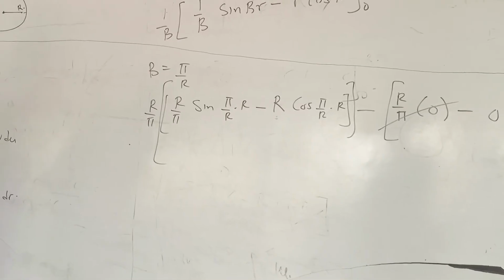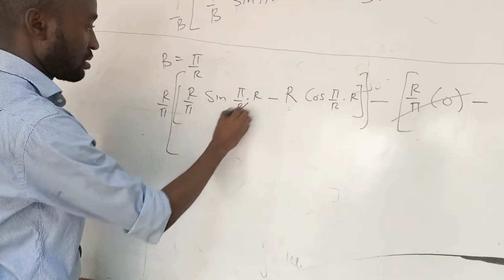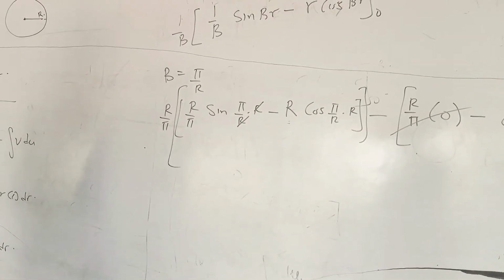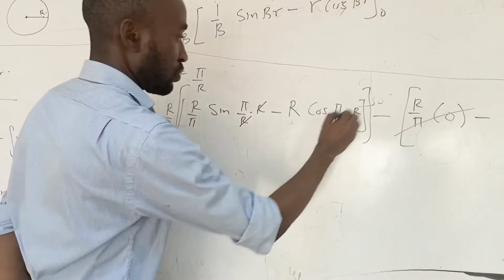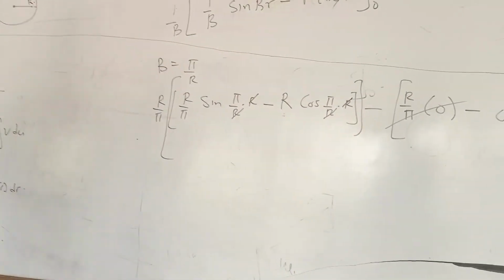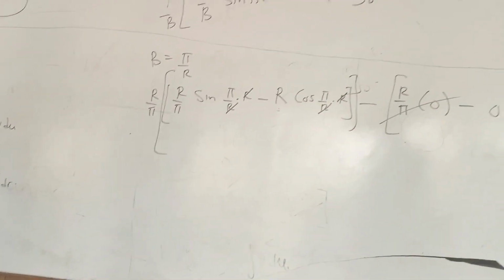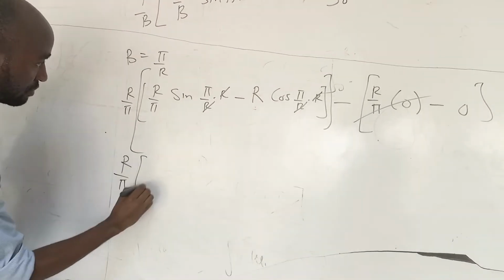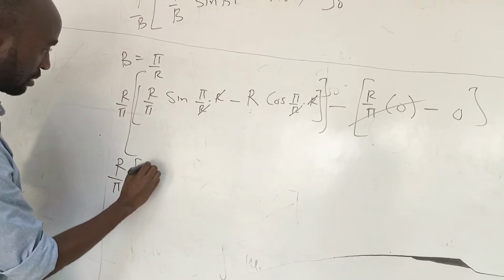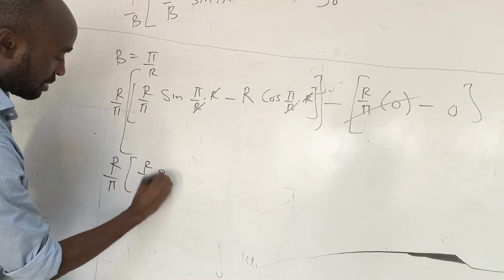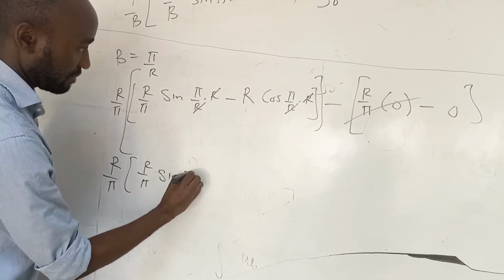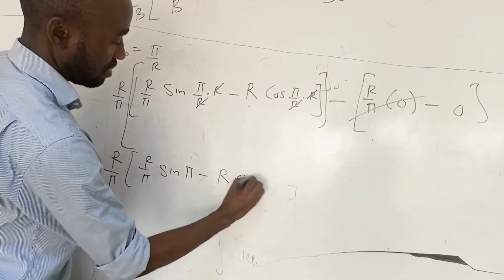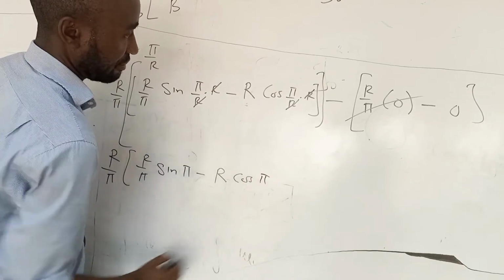So this one will now give us R over pi sine pi minus R cos pi.